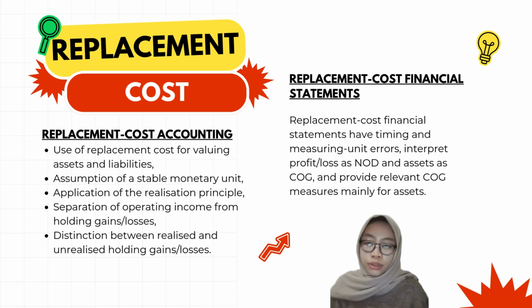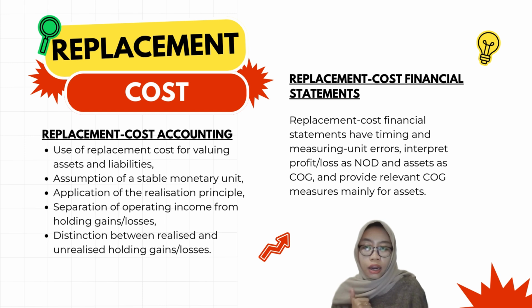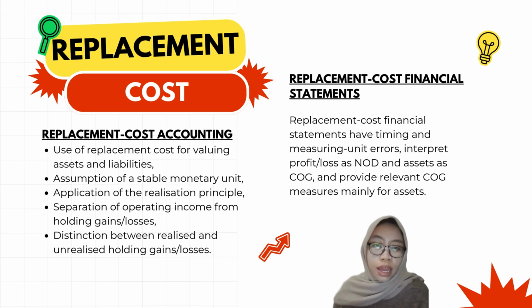So we next to replacement cost financial statement. Replacement cost financial statement have several limitations. They may include timing errors in recognizing operating profit and measuring unit errors due to the assumption of a stable monetary unit.